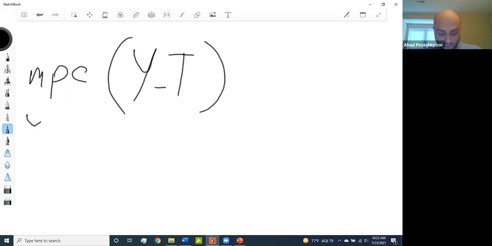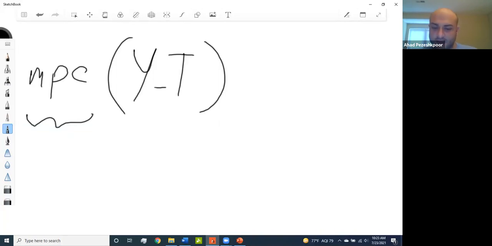It can never be more than one. Why? Because I can never spend $2 if I only have $1 in my pocket. It will always be lower than one, not even equal to one. It will always be at least an epsilon lower than one.